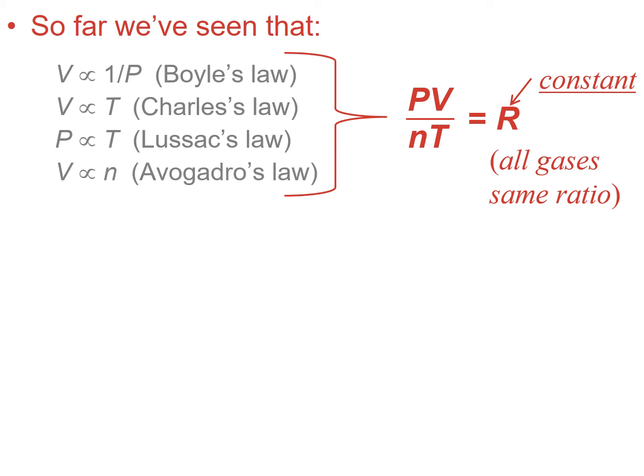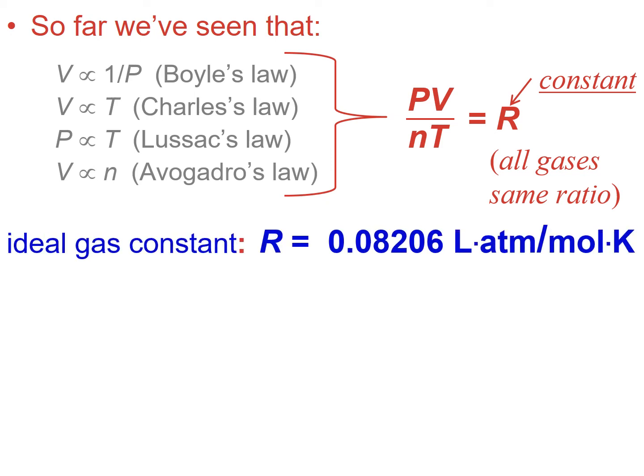All gases at some ratio. We're going to call this the ideal gas constant, R, which is equal to 0.08206 liter atmosphere over mole Kelvin.